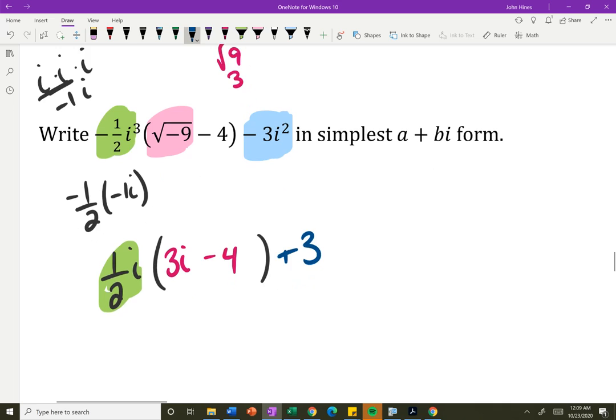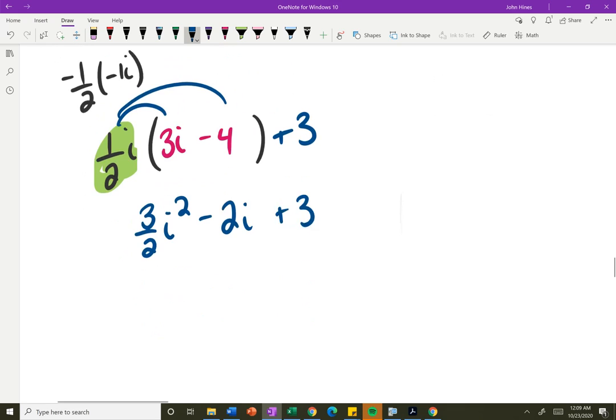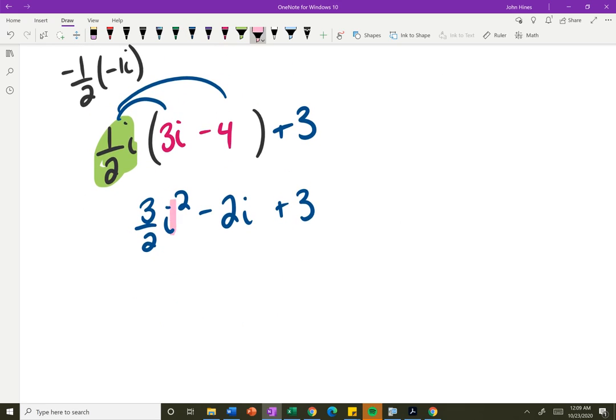It cleaned it up a little bit because now I've got to distribute. I've got 3/2 i squared minus 2i and a plus 3 just hanging out over here. i squared again. It constantly pops up. So negative 3/2 minus 2i plus 3.